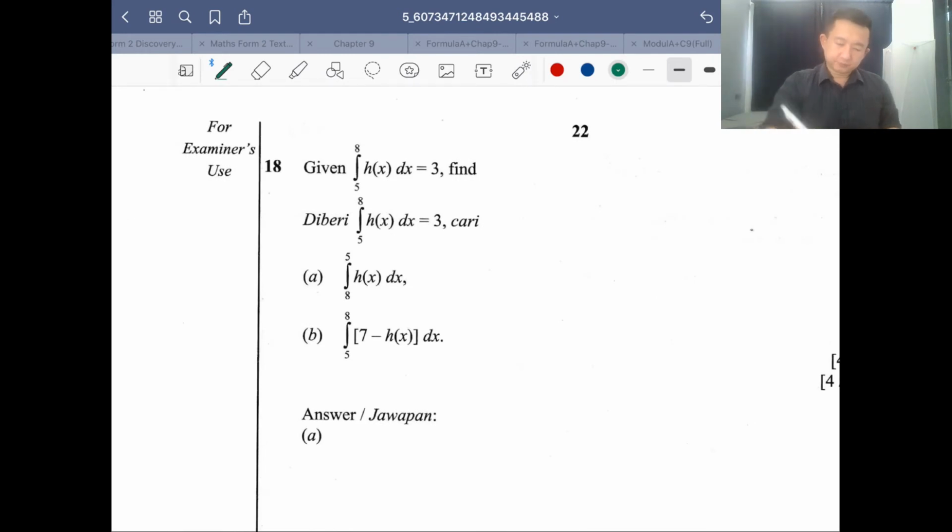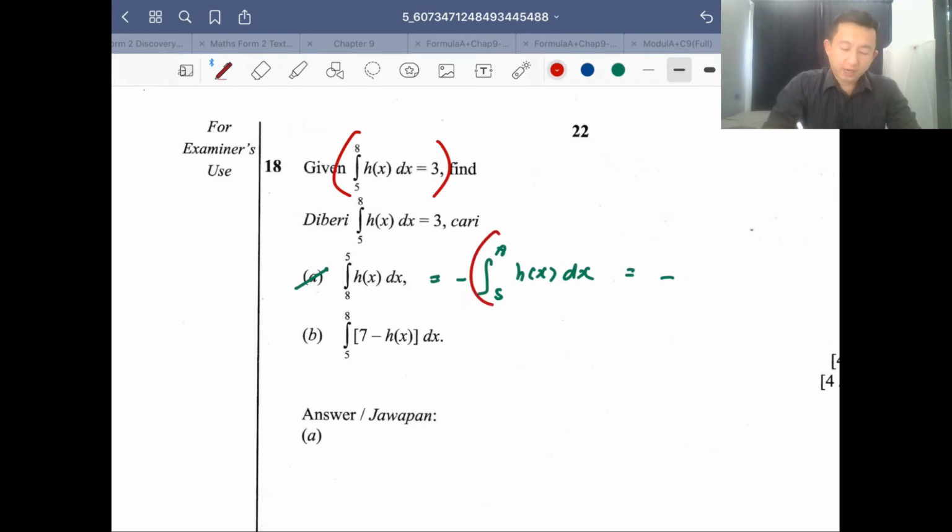Number 18. This is given. Okay, the difference between what is given and what is being asked is the lower boundary and the upper boundary. It's reversed, right? So if you want to swap the boundaries, you put a negative sign, then you have it swapped. And since we know this value, we replace this with 3, negative 3.